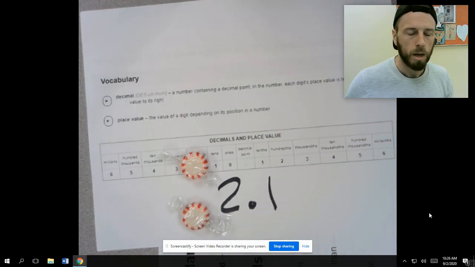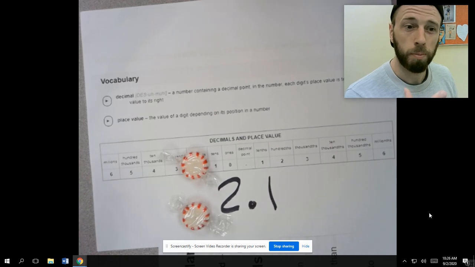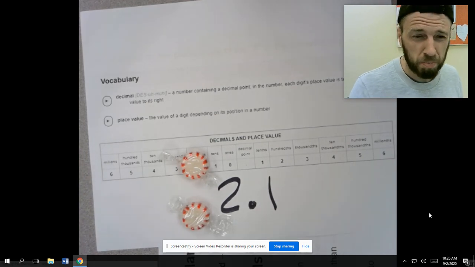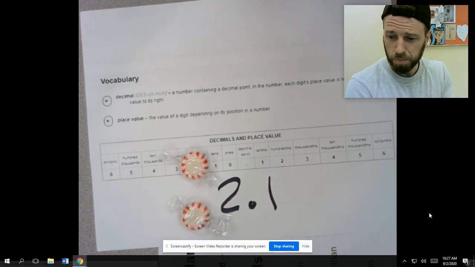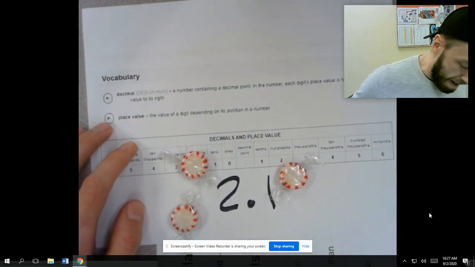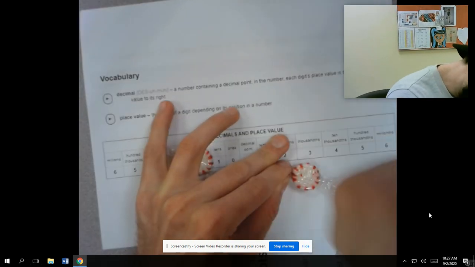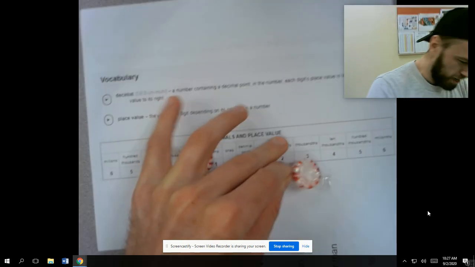No, not at all. The number that comes after that decimal stands for part of a number. And what does part of a number mean? Well, it's just part of something. So if we're talking about mints, we've got 2 whole mints. And then what do we got here?